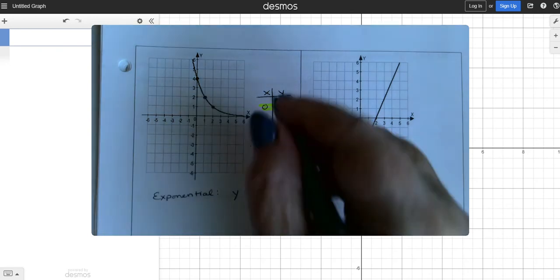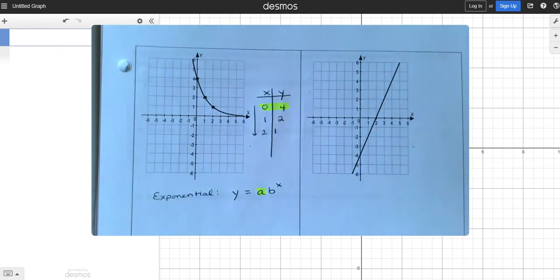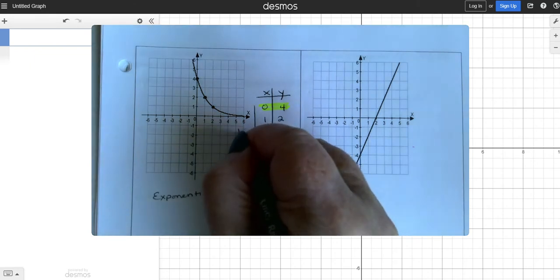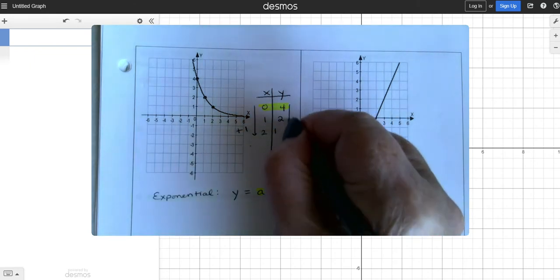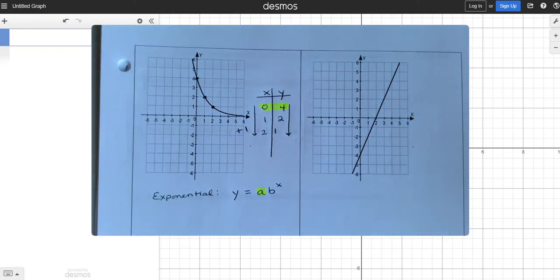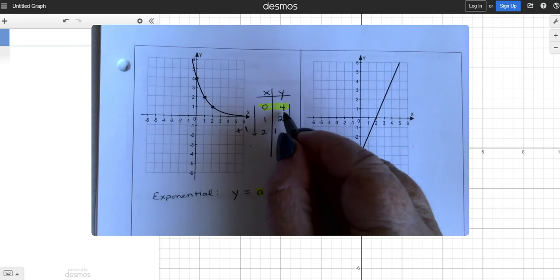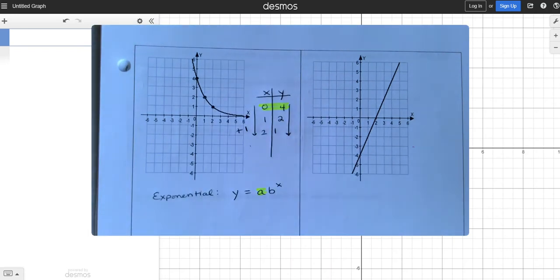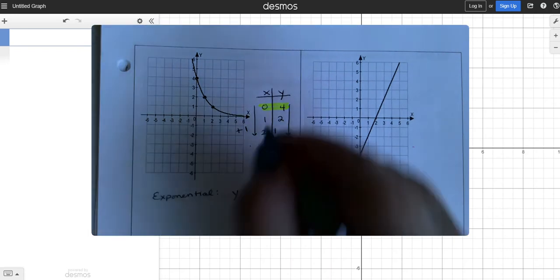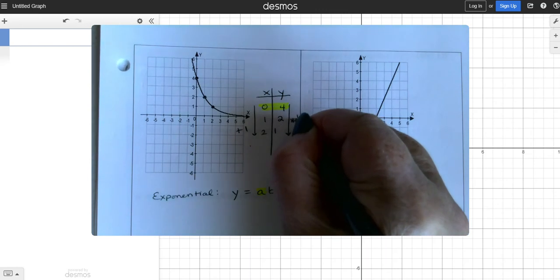And then I'm going to notice that I did, thank goodness, pick x values that went up by 1, meaning I can use the pattern in the y values to determine the b. Looks like we are dividing by 2, but dividing by 2 is the same as multiplying by 1/2.